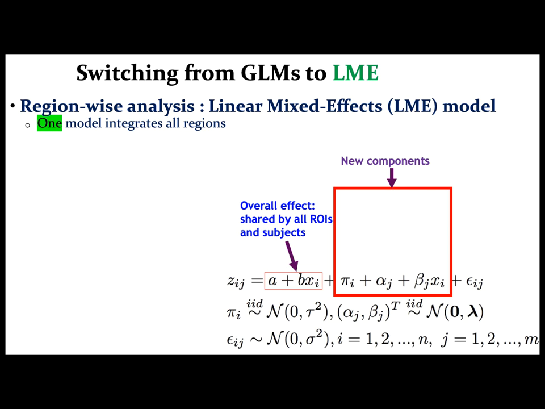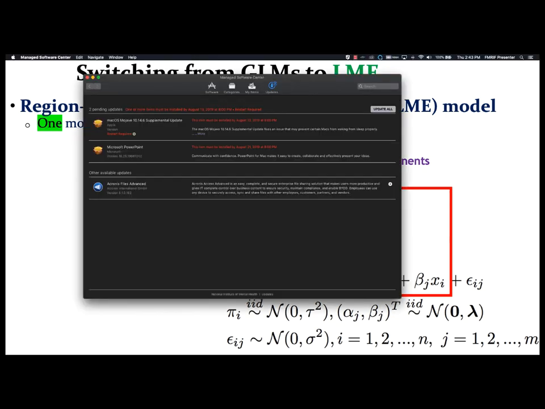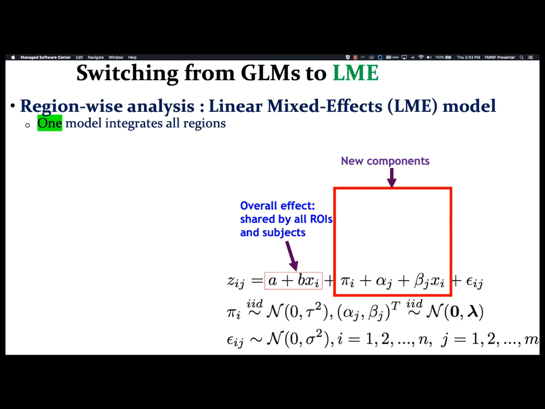The next part is new from the traditional approach. In the traditional approach, you just have a plus bx plus the residual. Here I have something extra. Let's focus on the red box, which is new. Why is it new? Because we merge all the regions into one model.